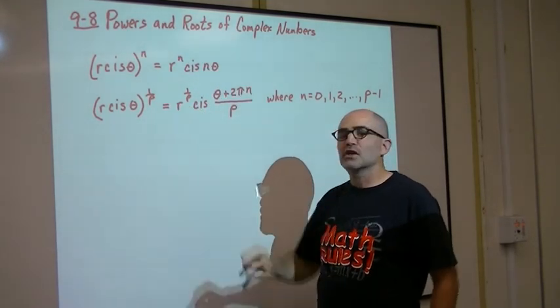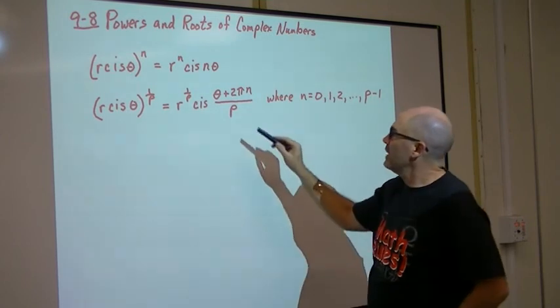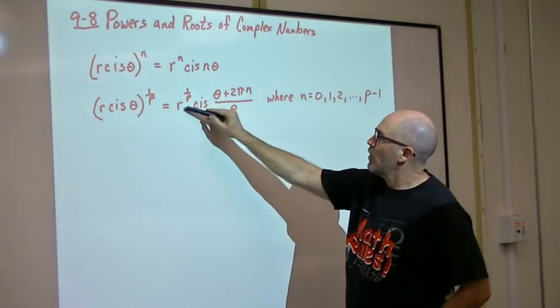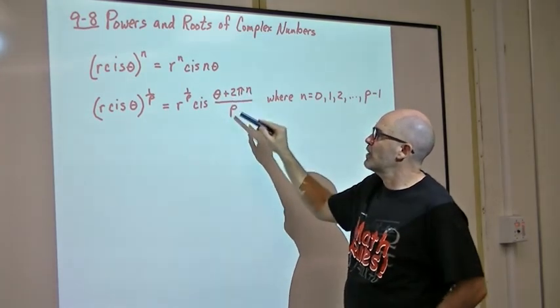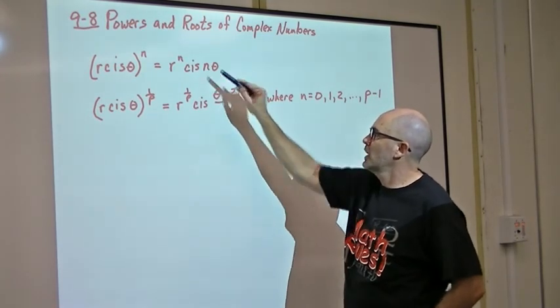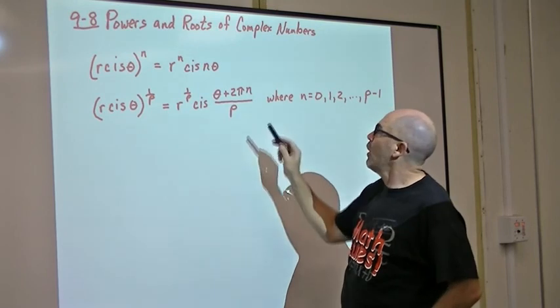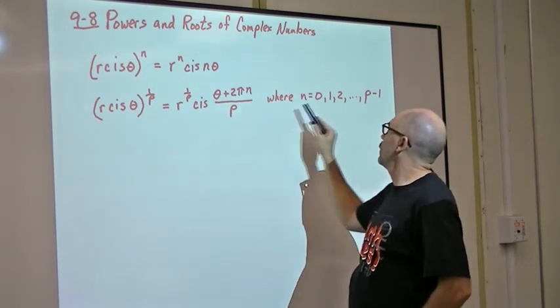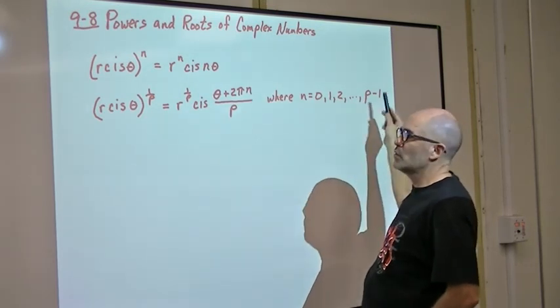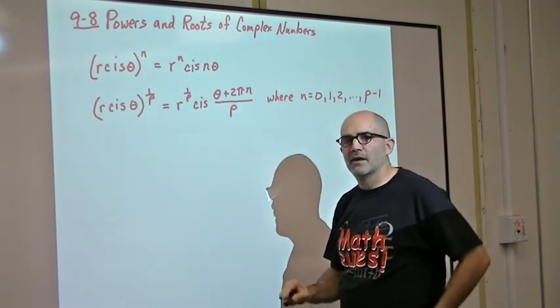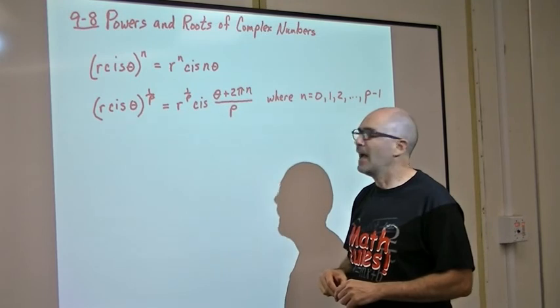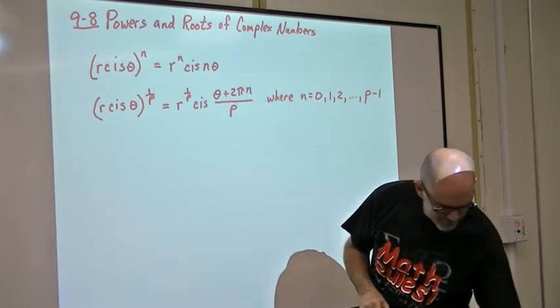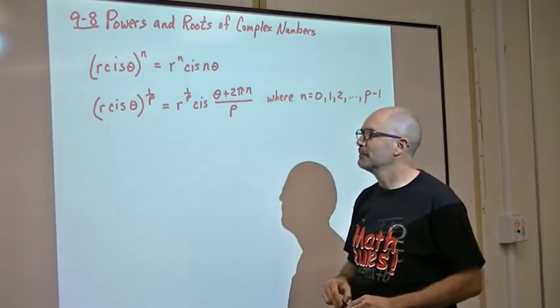Now, if we have a fractional exponent, then instead of just going r to the 1 over p cis theta over p, which is what you would think to do, you add the 2 pi n, where n equals 0, 1, 2, up to 1 before p. So that's it. Piece of cake. Have fun with these.